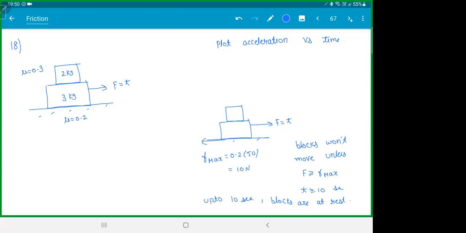If you have friction on the ground, you add one more possibility. They don't move, then they move together, then they separate. Now try from here.